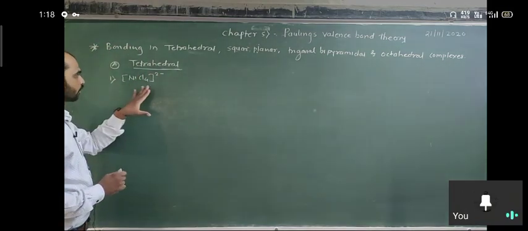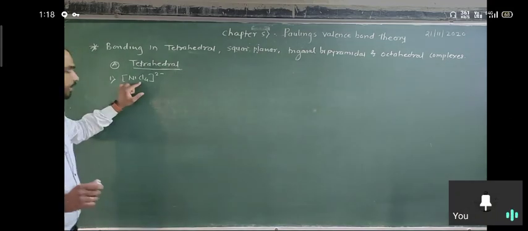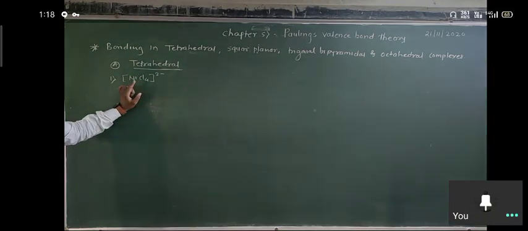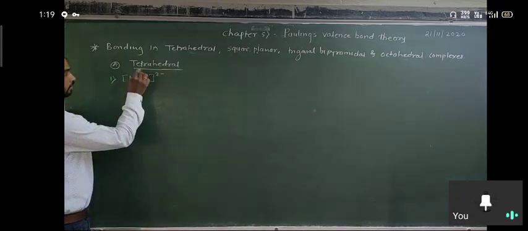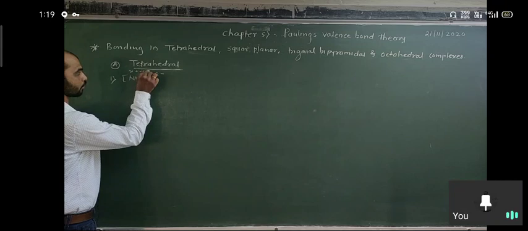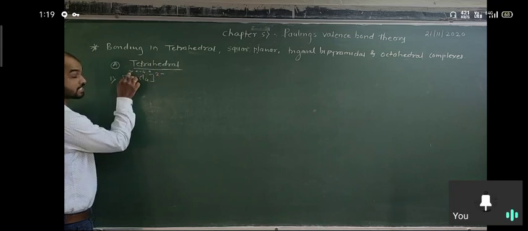So NiCl4 2 minus. When the complex is given to you, first of all you write the electronic configuration of the metal atom. But here the metal is present in ionic state, because the oxidation state is +2, since the charge is -2. X plus minus 4 is equal to -2, that means X is equal to +2.